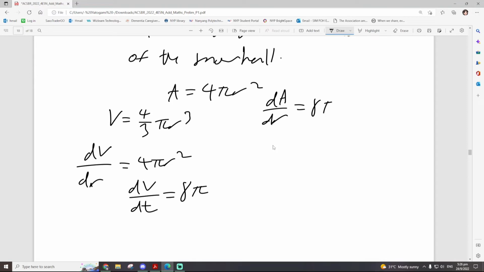This is 8 pi r. So dr/dt is dr/dV times dV/dt. So 8 pi divided by 4 pi r squared equals 2 over r squared.